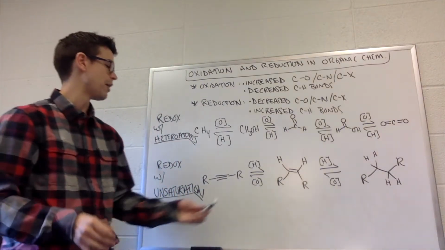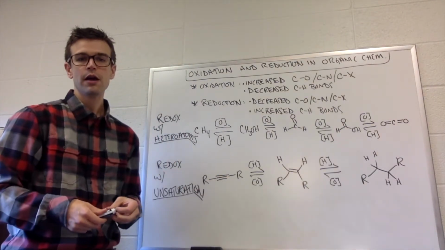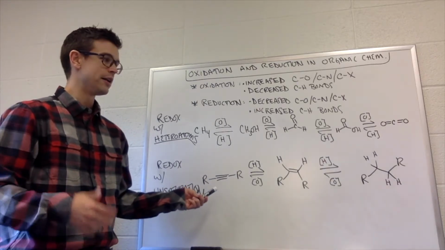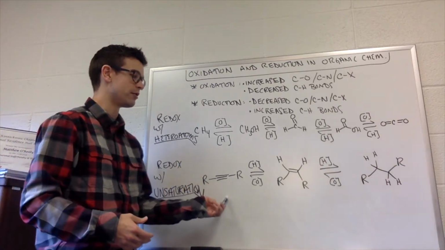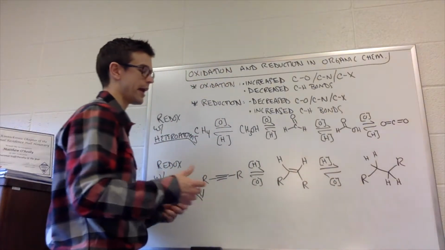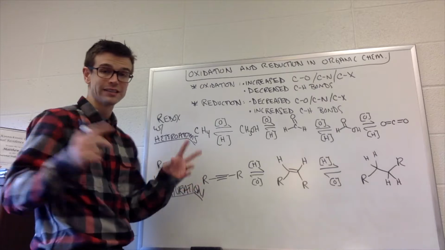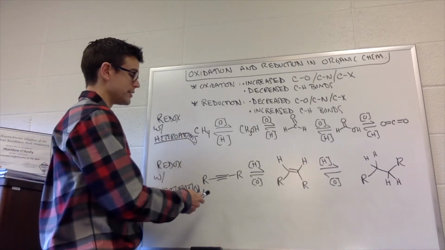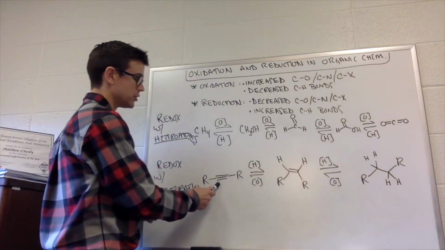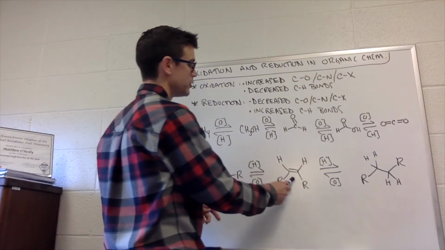We learned all about triple bonds and how to synthesize them in the alkyne chapter. And in this chapter, we're going to learn how we can reduce them to alkenes or reduce them all the way to alkanes. And as I said, reduce them. We can see that we are adding hydrogens to the structure when we go from alkyne to alkene.